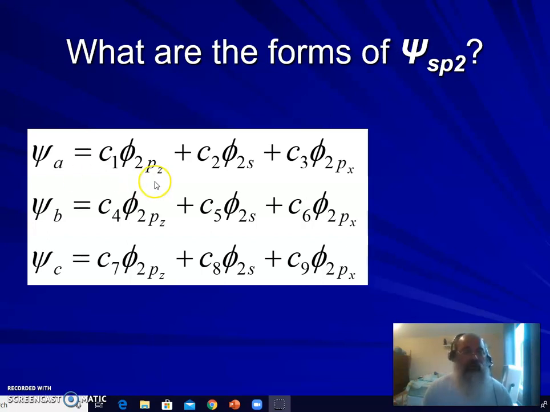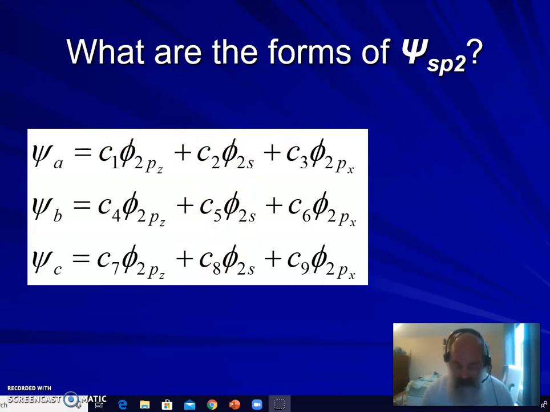So our goal is going to be to figure out what these C's could be. We've got 9 C's to figure out. Now, since the 2s is spherically symmetric, it's got to contribute the same amount to each of the 3 orbitals. So C2 and C5 and C8 all have to be equal to one another.